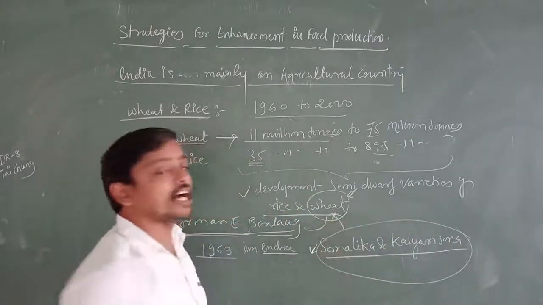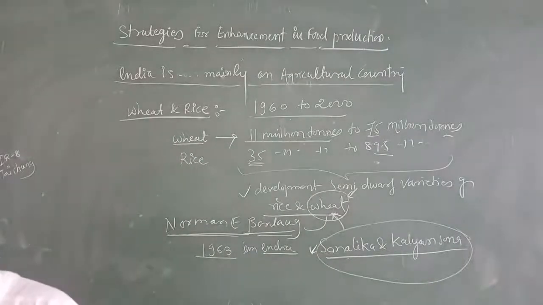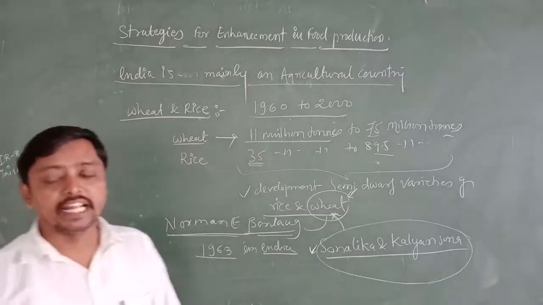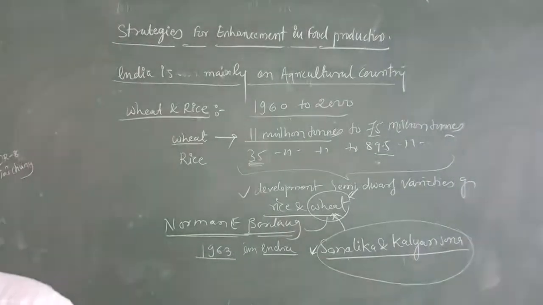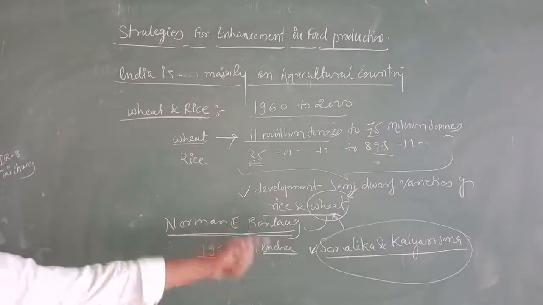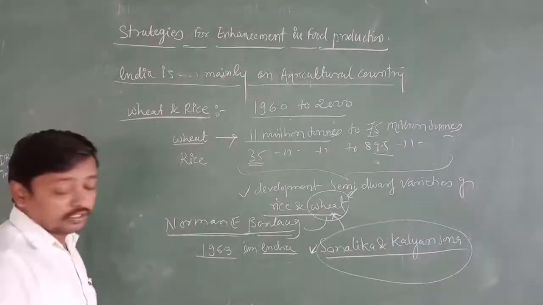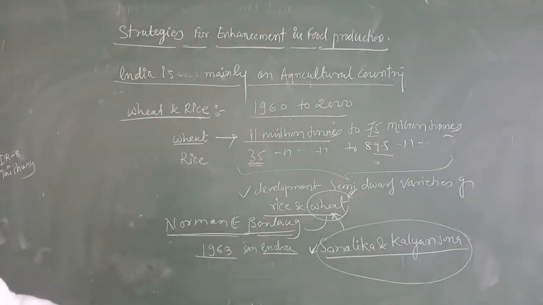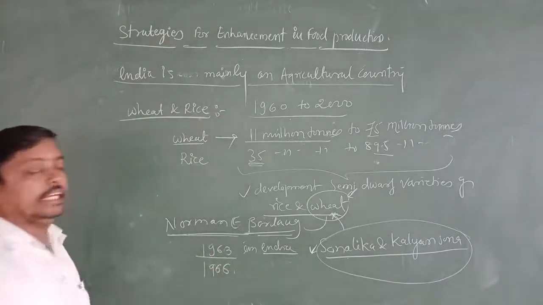If the question asks you to write the semi-dwarf varieties of wheat developed in 1963 in India, I am going to write Sonalika and Kalyan Sona. This question is asked many times. Now we are going to discuss the rice varieties. In 1966, two semi-dwarf rice varieties named Jaya and Ratna were introduced in our country.